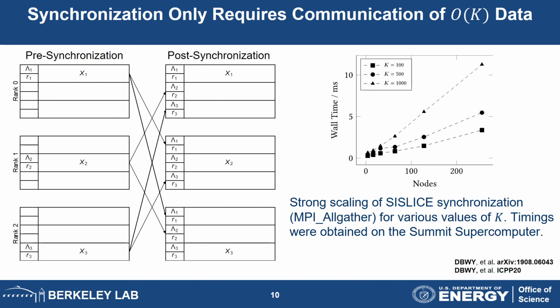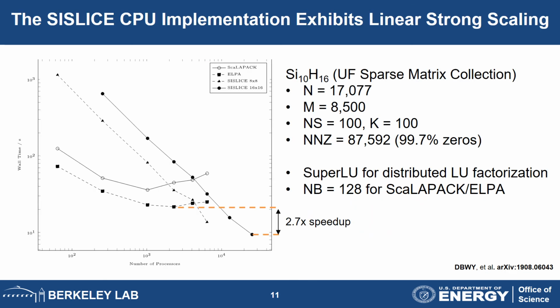This is still sub 100 milliseconds, so we can essentially approximate the synchronization step as being a negligible cost in the overall computation. Even without the use of accelerators, the reference CPU implementation of SI-slice has been demonstrated to exhibit linear strong scaling to large processor counts, yielding over 2x improvement over the state-of-the-art CPU implementations of direct eigensolvers in ELPA and ScaLAPACK.